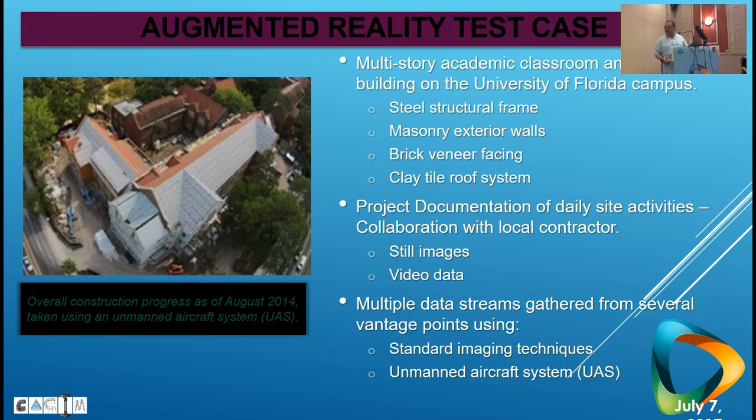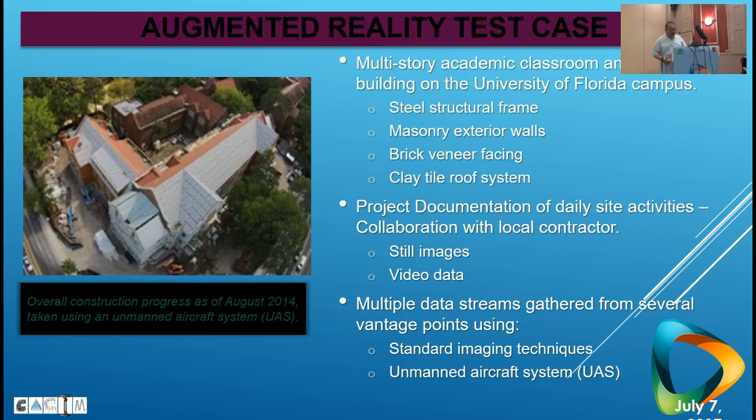So the building we looked at was a building on campus. It was a multi-story academic classroom, an office building. It had a structural steel frame, masonry exterior walls, brick veneer facing, clay tile roof system.